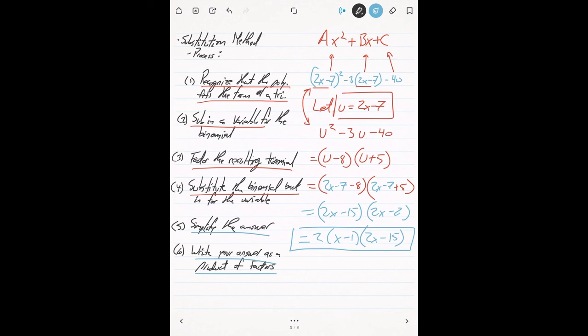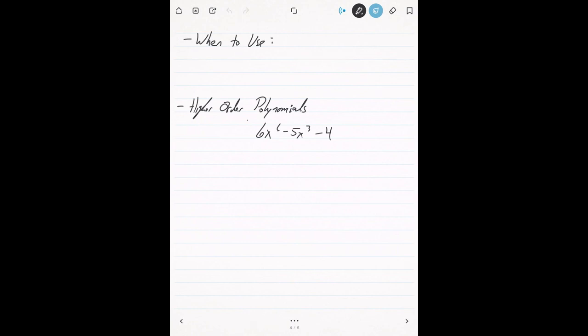The idea here is when you have a polynomial that looks like a trinomial, or I should say has the form of a quadratic, then you can use this method of substitution.